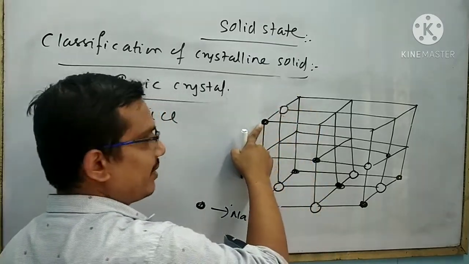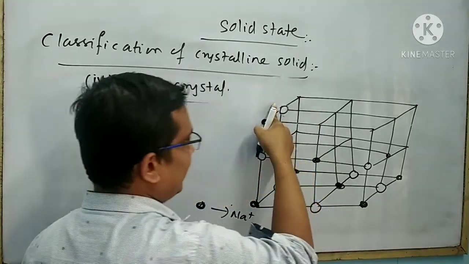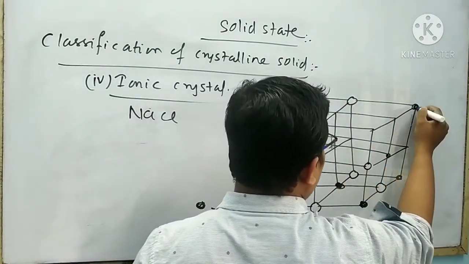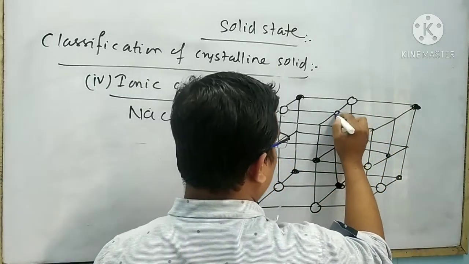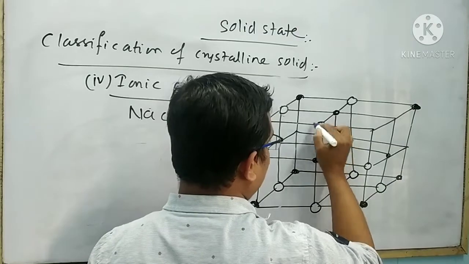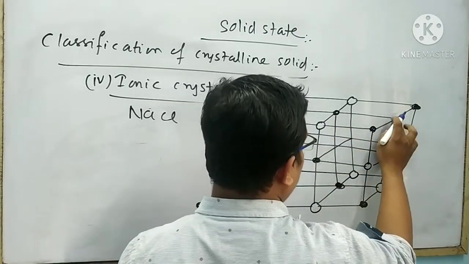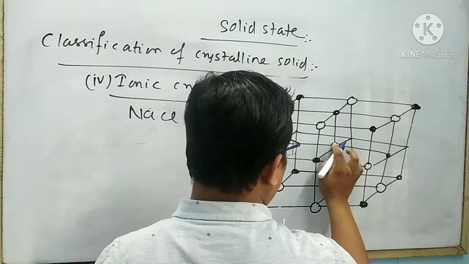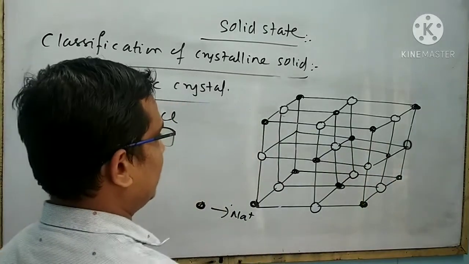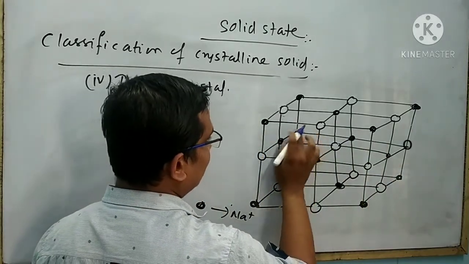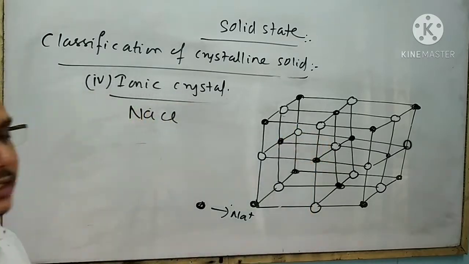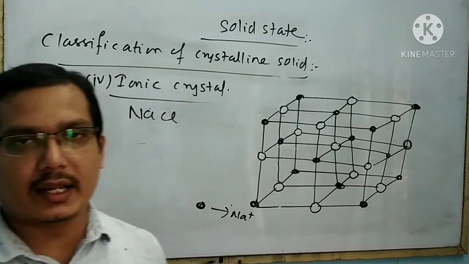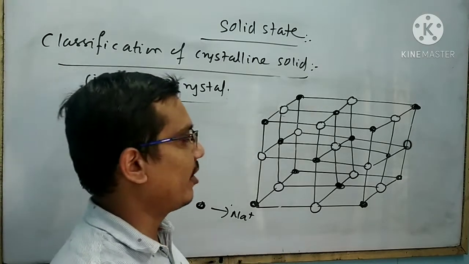Your Na plus ion is present, then Cl minus ion, then Na plus ion, then Cl minus, then Na plus, this is your Cl minus, this is your Na plus. Here also Na plus is present, this is your Cl minus. In NaCl ionic crystal, the Na plus and Cl minus are arranged in an alternating manner.